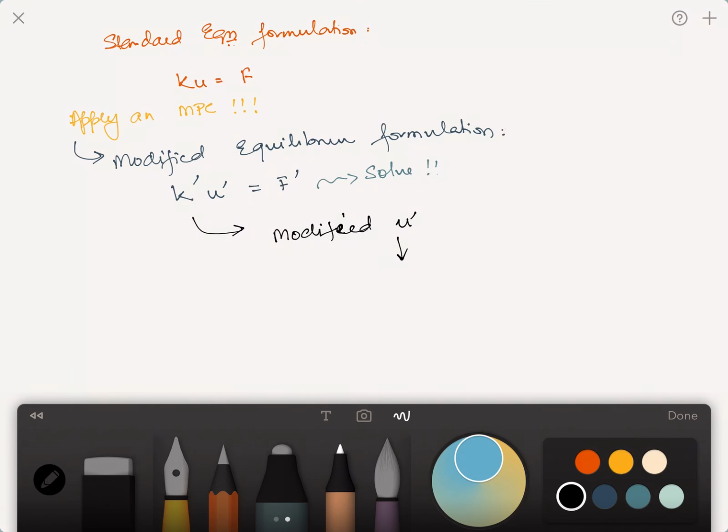And from there, to get the final result, I still need to recover my original displacement vector that was unknown. Okay, so this is the basic principle. You start with an equilibrium formulation. Then you apply an MPC, you have a modified equilibrium formulation, as a result you get modified U, and then you get U as a recovery.